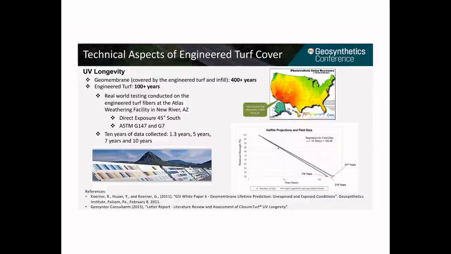The tensile strength after exposure was compared to the original tensile strength to obtain the percentage of retained tensile strength. The data points were plotted in the figure here. Based on the 10-year data, the half-life of turf fiber, which corresponds to 50% retained tensile strength, was projected to be over 100 years, as shown in the figure.